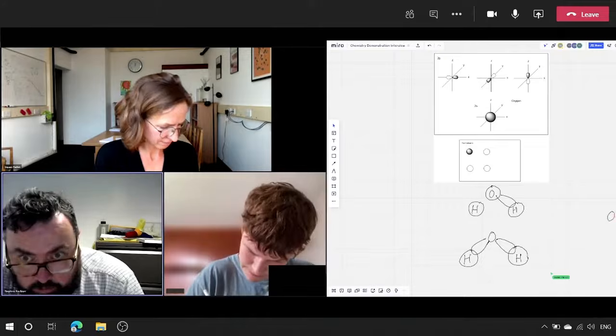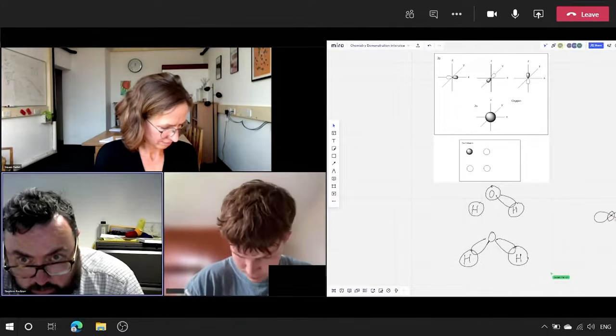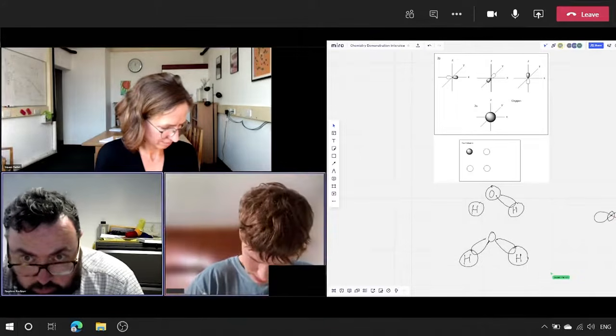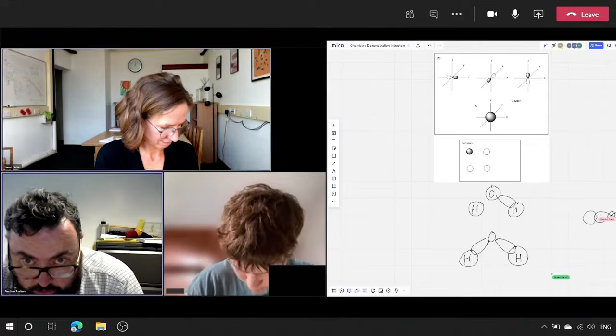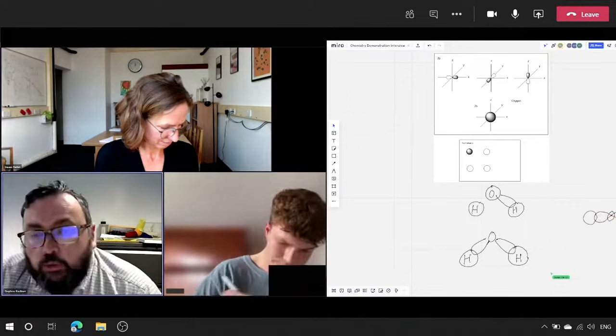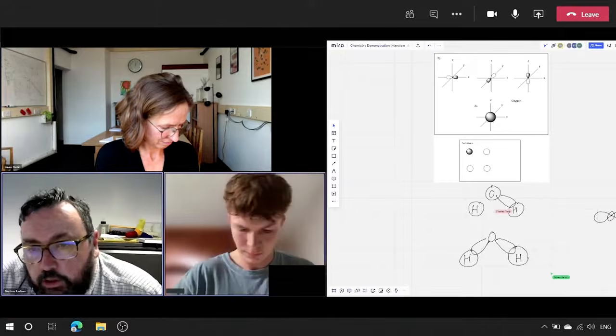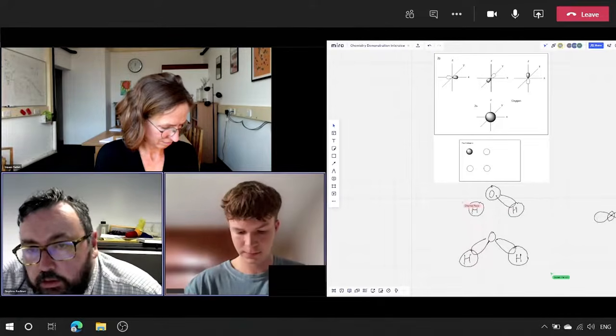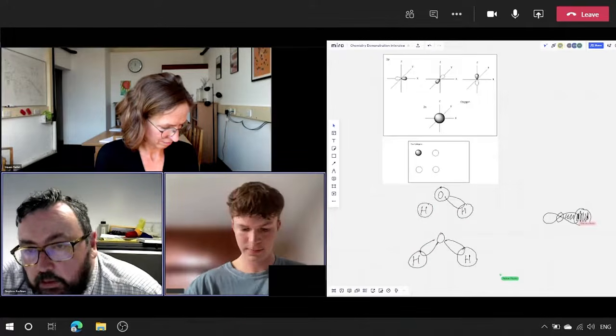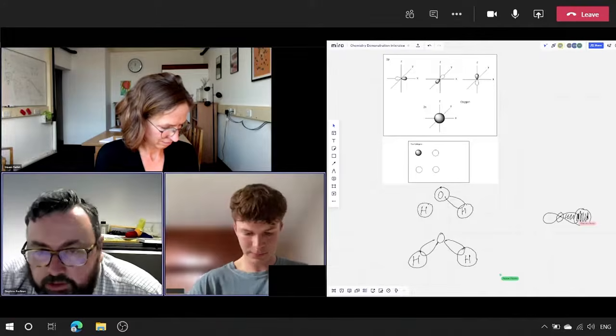That's good. And then maybe shade one side of it. That's right. So what would you have to do to that right-hand hydrogen to make it work? Shade that in as well. Yeah. What about on the left-hand side?